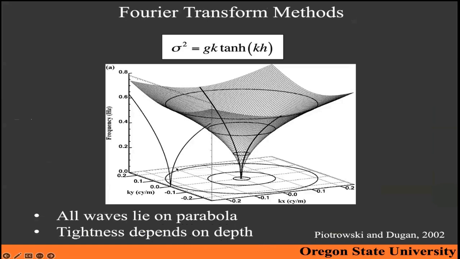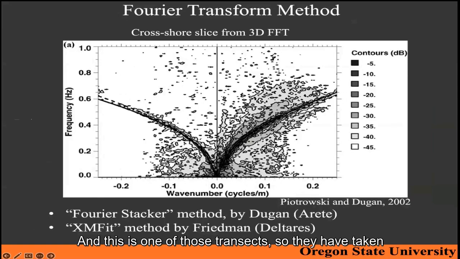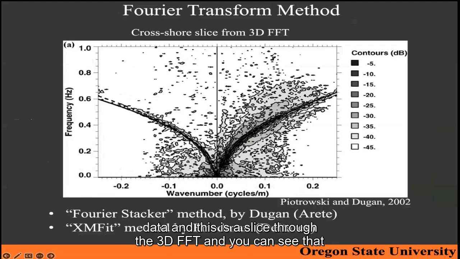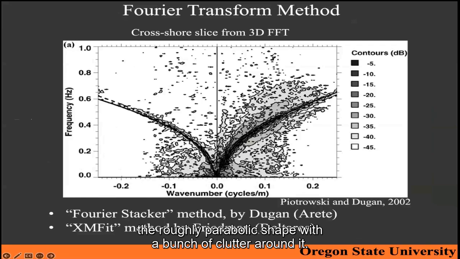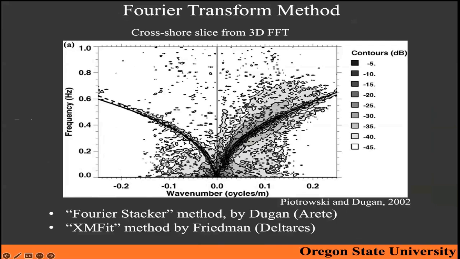This is one of those transects. So they have taken data, and this is a slice through the 3D FFT. And you can see the roughly parabolic shape with a bunch of clutter around it. And this is what you would like to exploit.